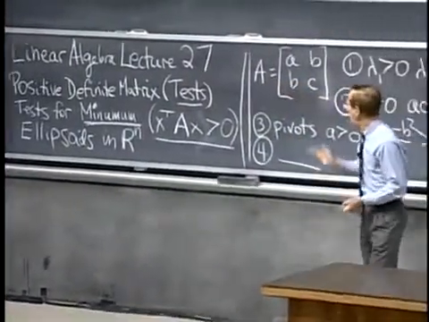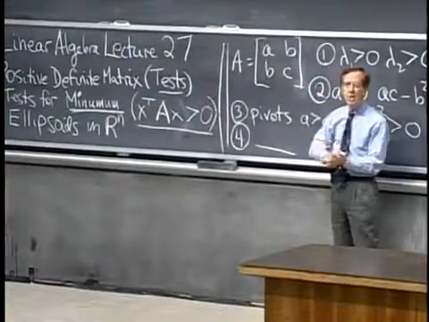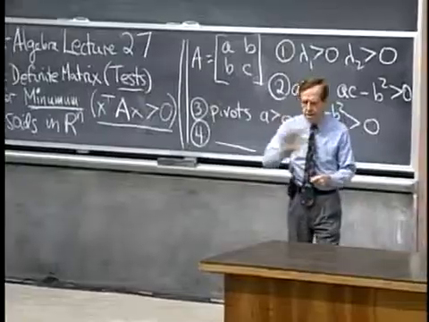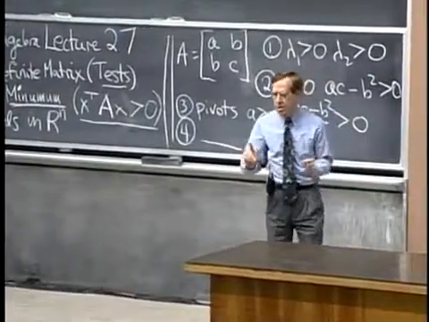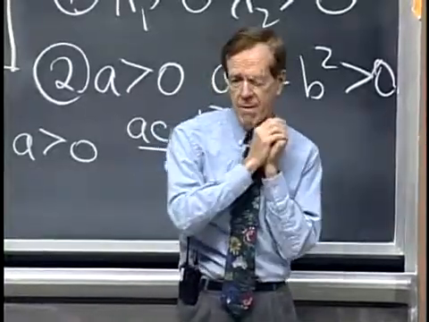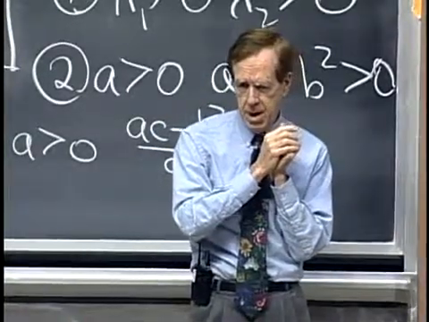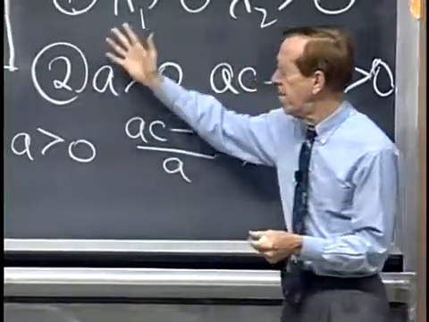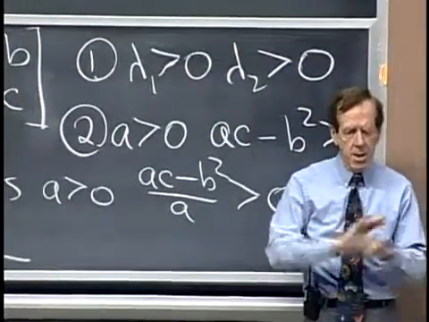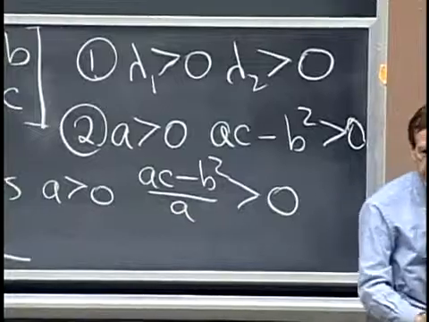Okay, I'm going to begin with 2 by 2. All matrices are symmetric, right? That's understood. Now my question is, is it positive definite? Each one of these is a complete test for positive definiteness.